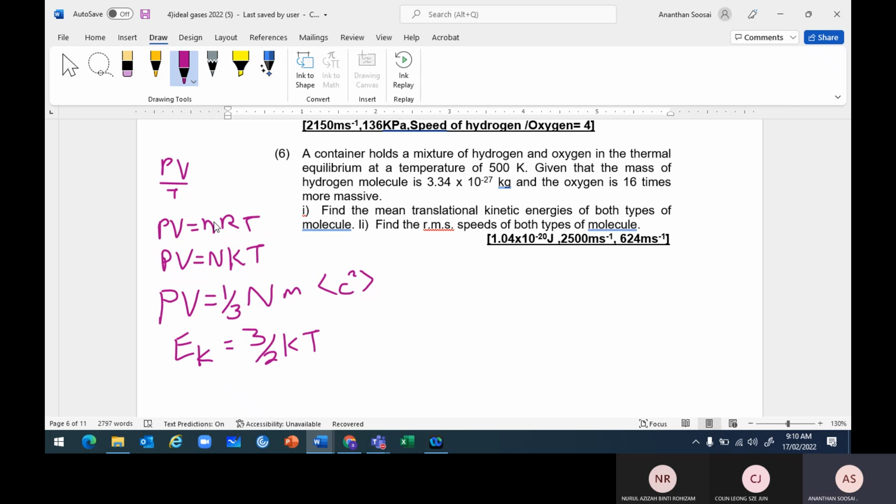A container holds a mixture of hydrogen and oxygen in thermal equilibrium at a temperature of 500 Kelvin. Given that the mass of a hydrogen molecule is 3.34 times 10 to the power of negative 27, oxygen is 16 times more massive.